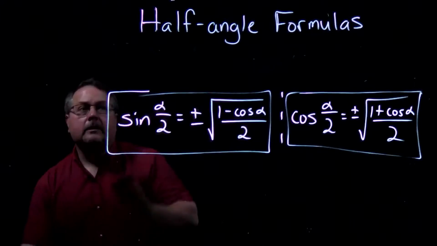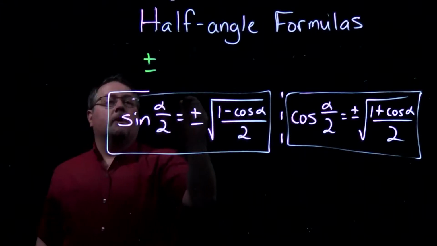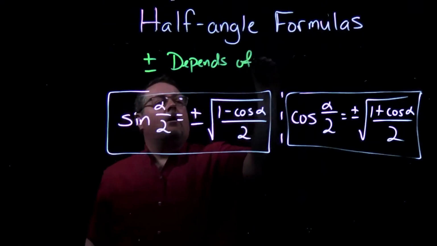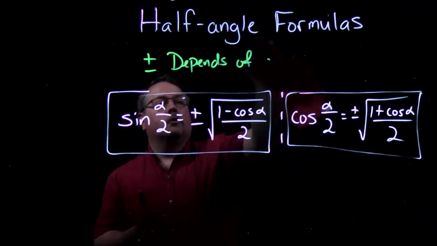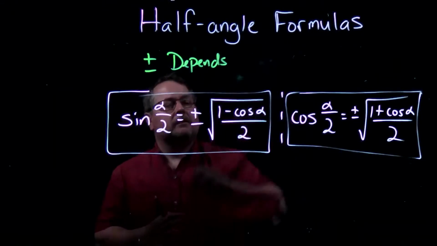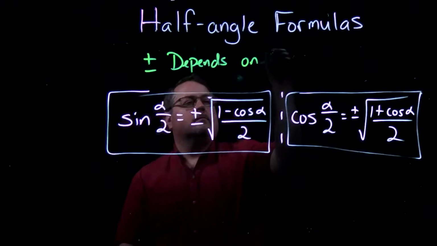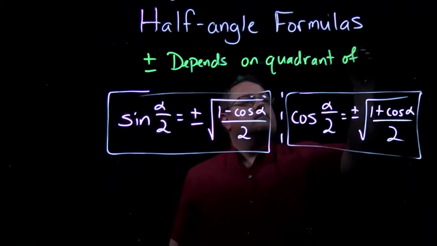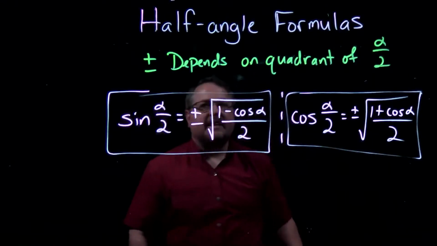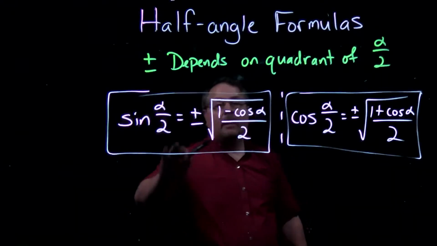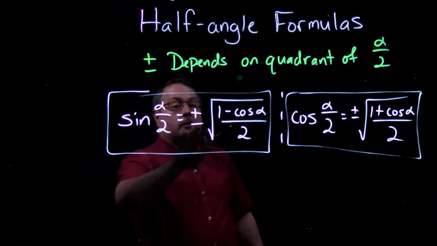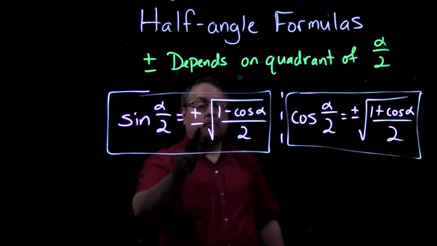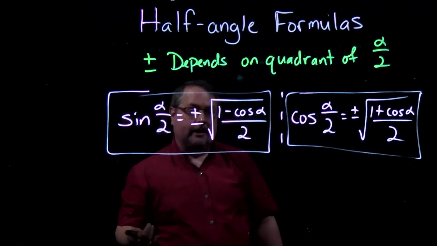In other words, the choice of plus or minus square root is going to depend on what quadrant alpha over 2 is in, because that is the angle that we're trying to find the sine or cosine of. If alpha over 2 is in the first or second quadrant, the sine is going to be the positive square root. If it's in the third or fourth quadrant, we're going to take the negative square root.